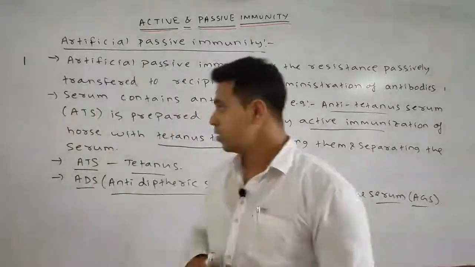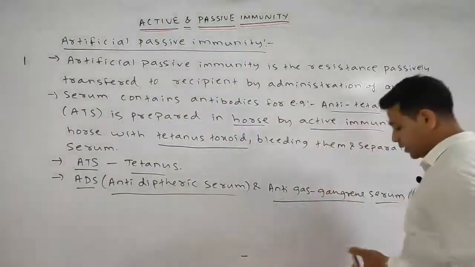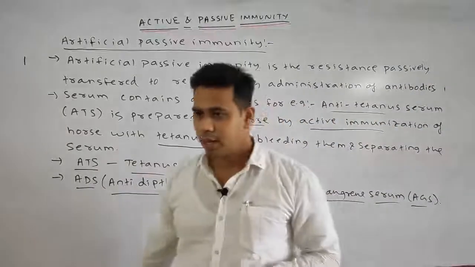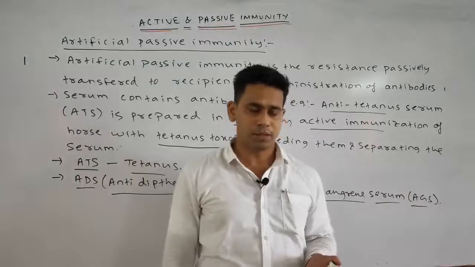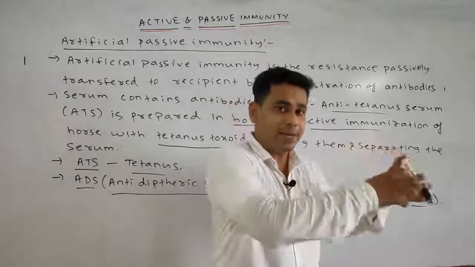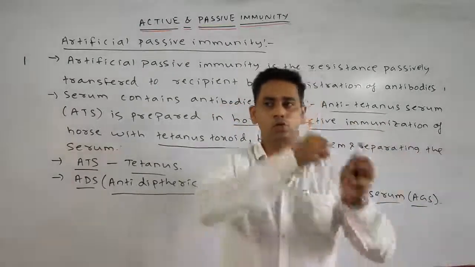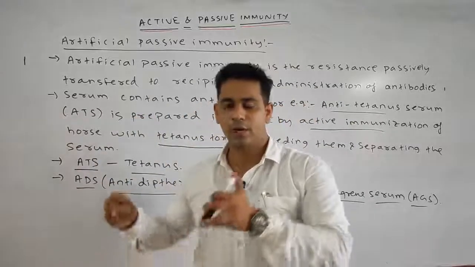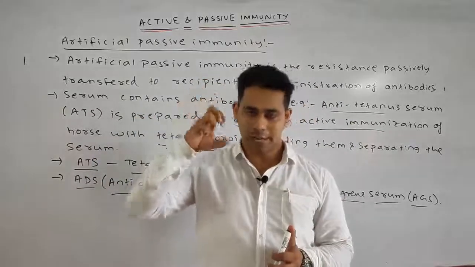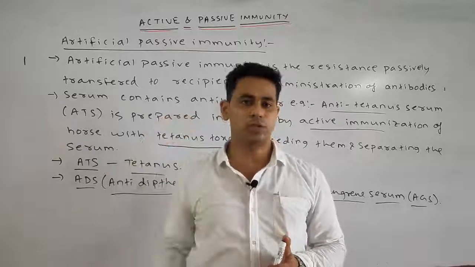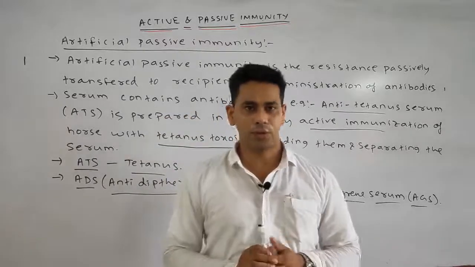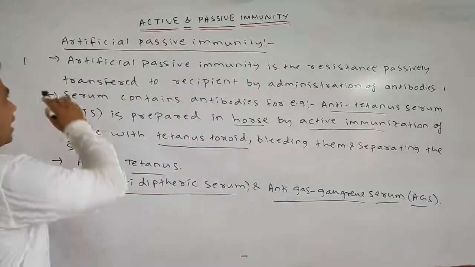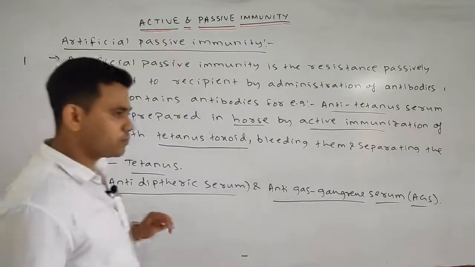So we understood artificial passive immunity: in another organism an antibody is formed, and that ready-made antibody is introduced into the recipient's body so that it can fight against the pathogen which has entered the body. This is all about artificial passive immunity.